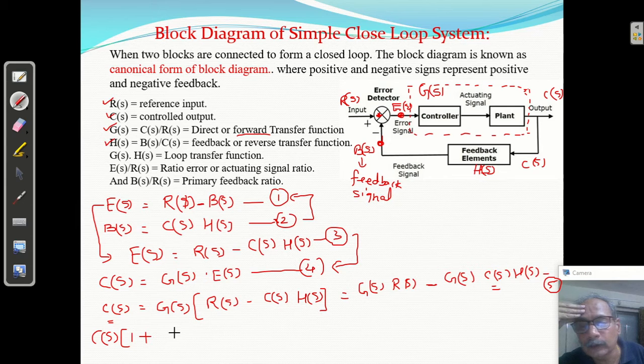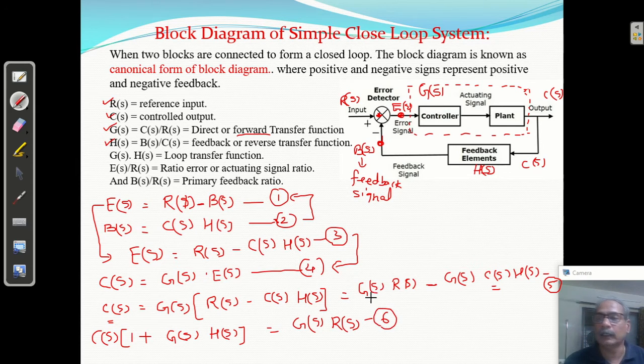C of S common, so G of S into H of S, plus 1, plus G of S H of S equal to G of S into R of S. Equation number 6.